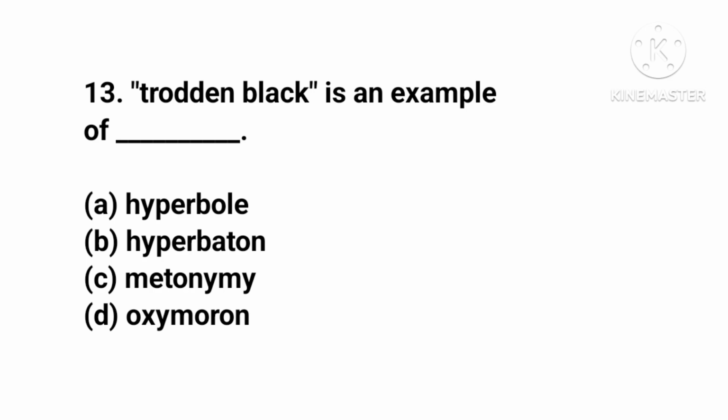Number 13. Trodden black is an example of dash. Option A, hyperbole. Option B, hyperbaton. Option C, metonymy. Or option D, oxymoron. Whenever you are studying a poem, you must be familiar with all the literary terms. So, trodden black, this is an example of what?